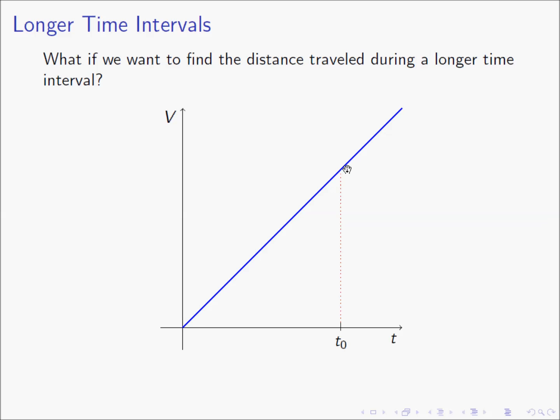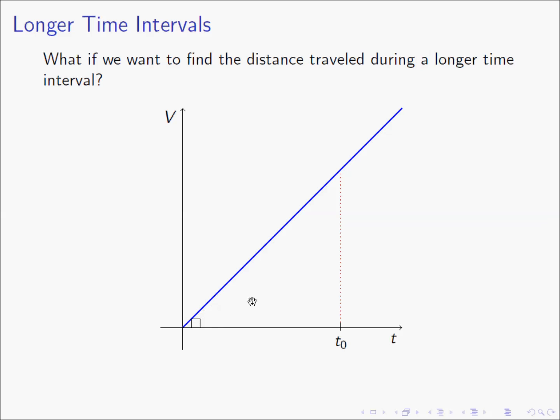In this case it could be easy, because it will be just the area of this triangle. But if you have another strange curve that goes from here to here, how would you calculate the area below this curve?